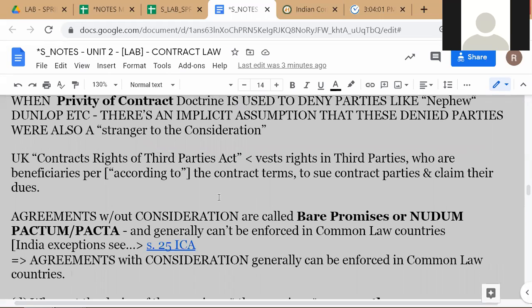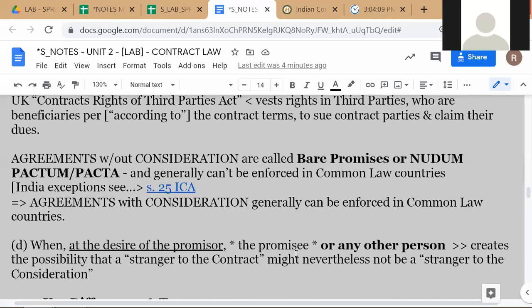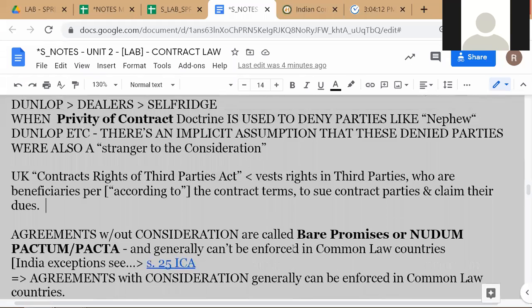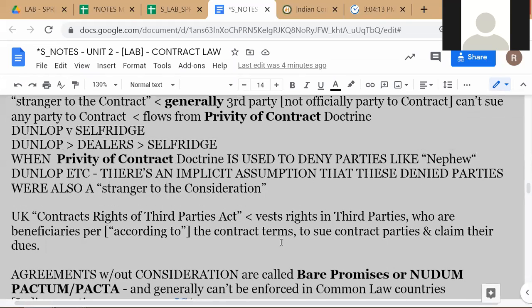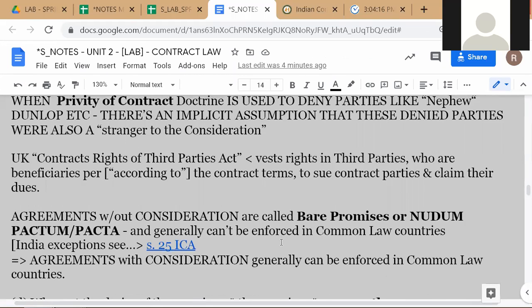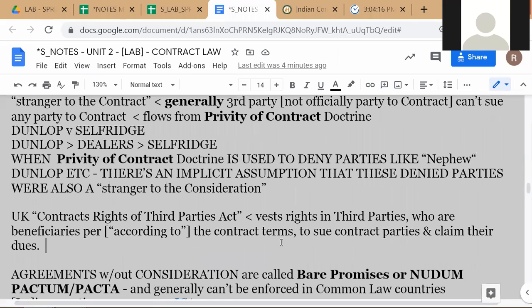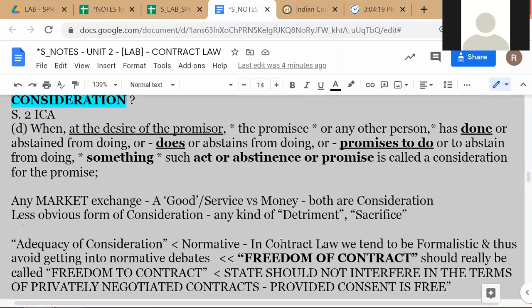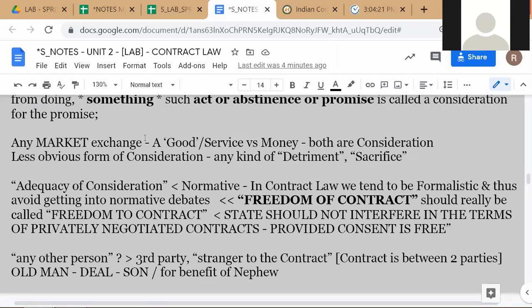And the last point, which I forgot to mention, I'll just mention it again next time, is that agreements without consideration can't be enforced. Okay, that's why we spend so much time on consideration. So you can see how many topics we have discussed in this little lecture on consideration. We have discussed the general language of the Contract Act. We have discussed, okay, what is the market? How do you define a market, a venue for exchanging goods and services for money?